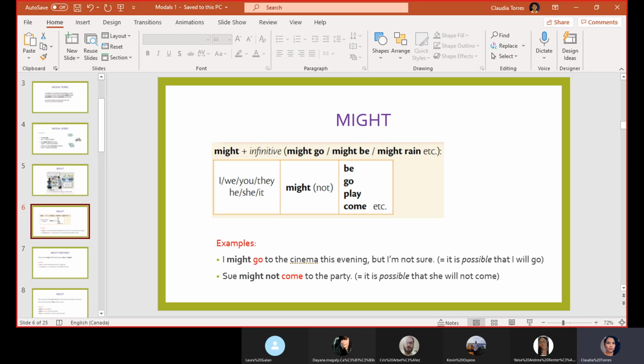Mild symptoms means that the symptoms are not severe, because the opposite is severe.